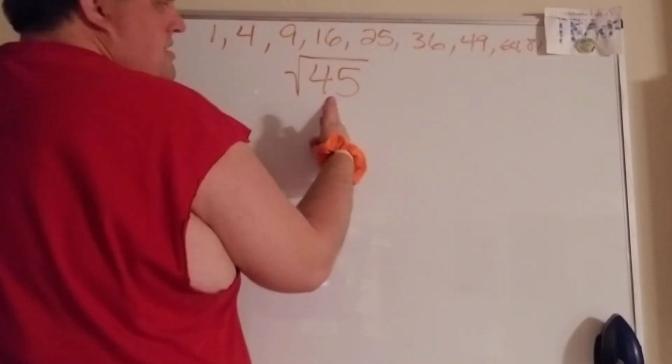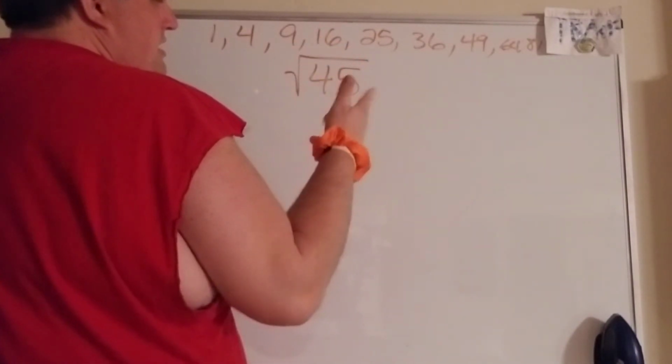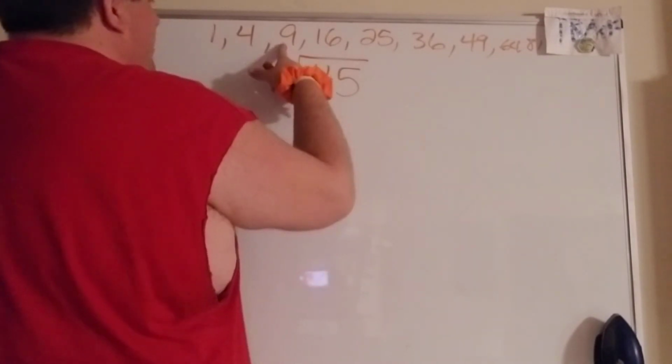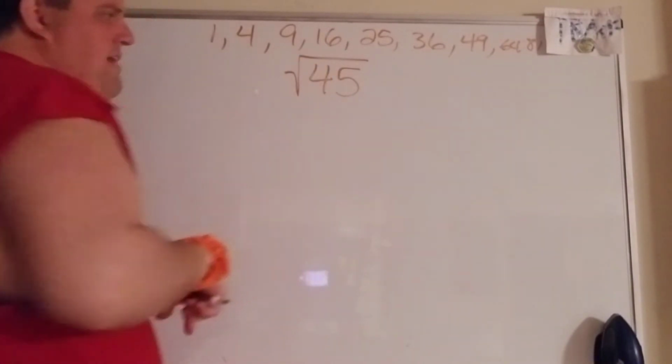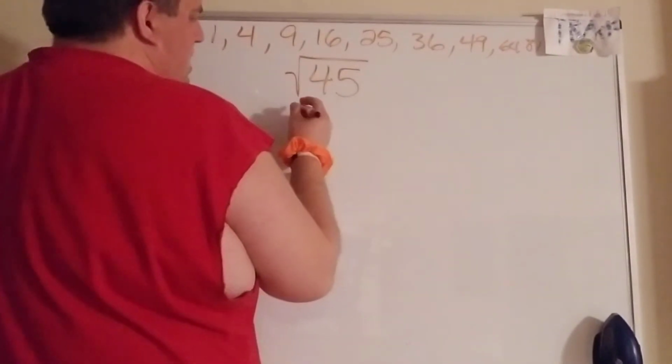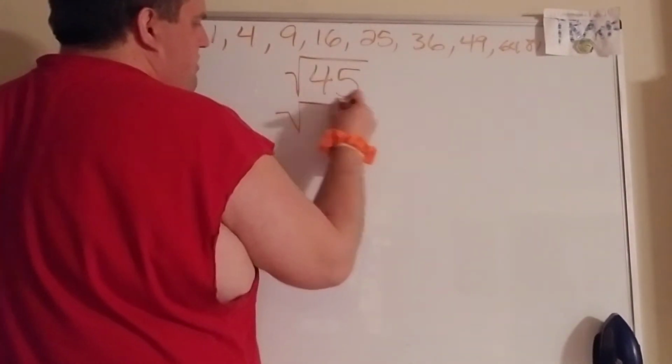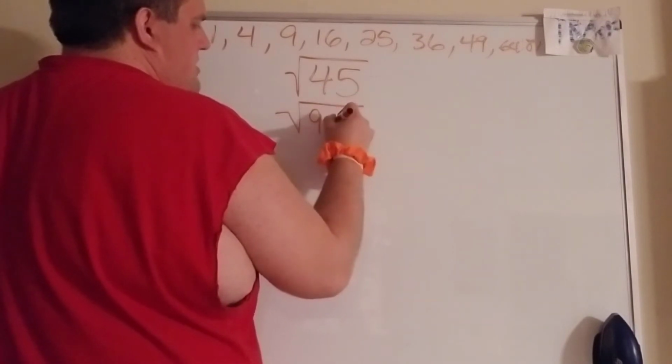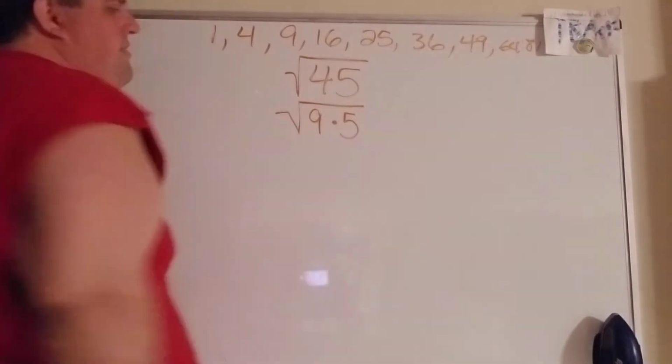16 times 3 is 48, close. 9 times 5, however, is 45, right? So, with the properties of square roots, I know I can write this as 9 times 5, like that.